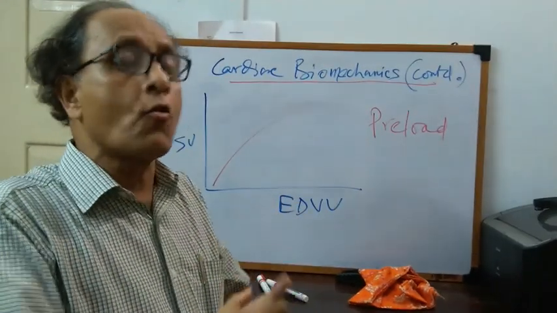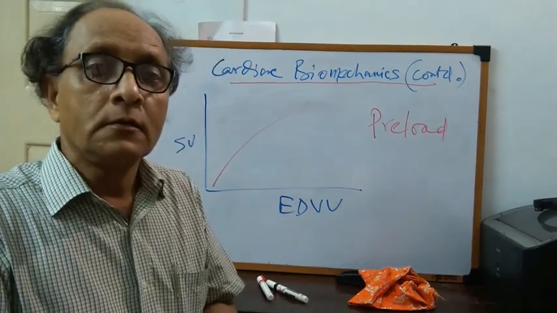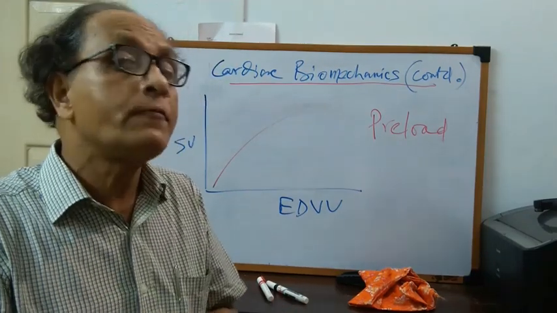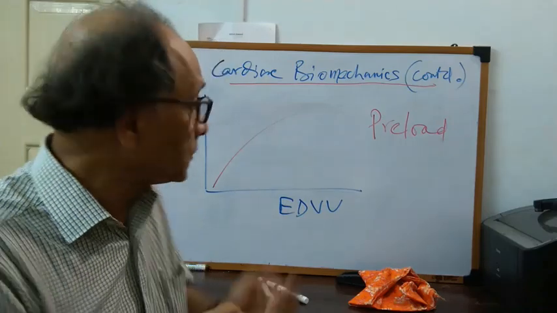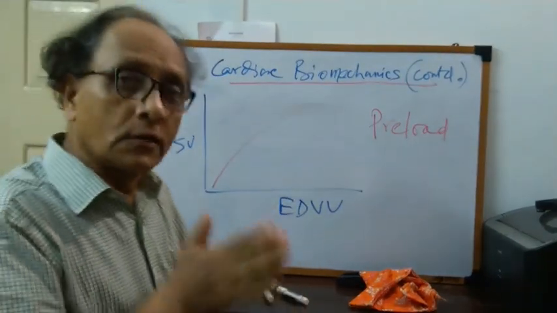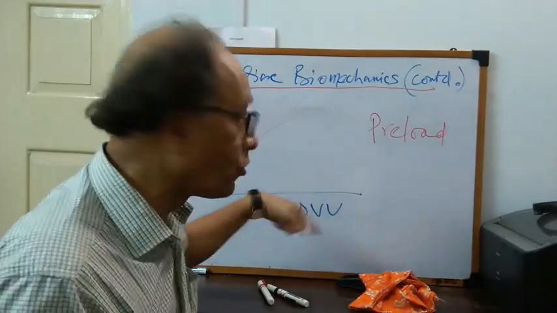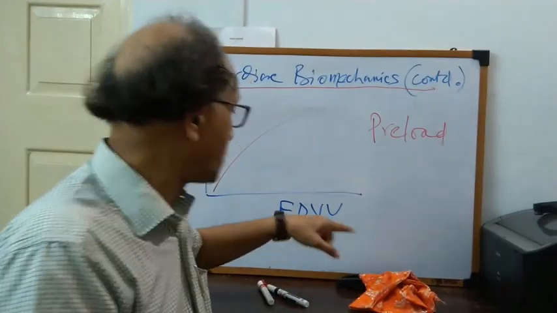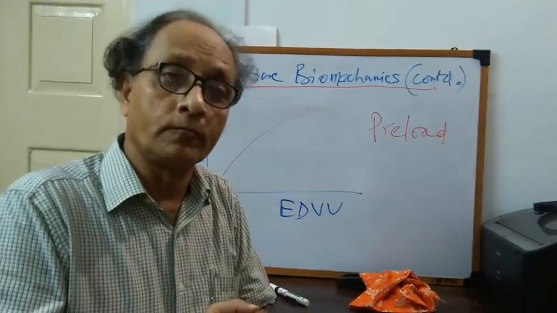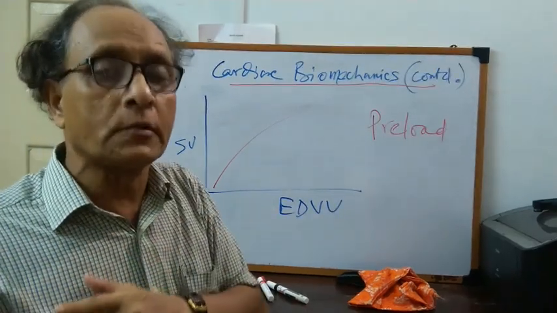Preload is that load which is applied on the muscle in the state of rest before contraction. Preload is synonymous here, in the whole body, with the end-diastolic ventricular volume. Preload leads to change in the resting length of the muscle.